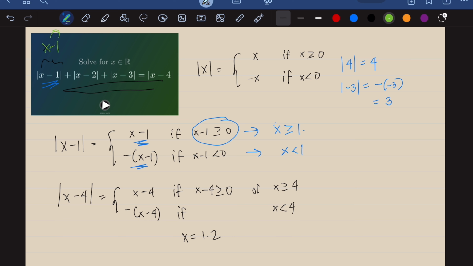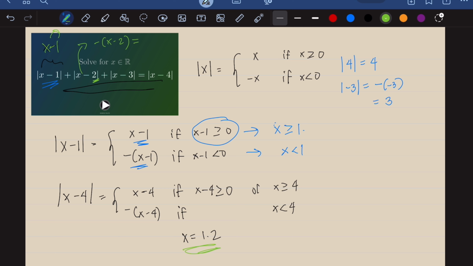This means that if we substitute x minus 1 equals 1.2 minus 1, we get a positive value, which is 0.2. On the other hand, x minus 2 should be the negative of x minus 2 because we are looking at a value of x that is less than 2.